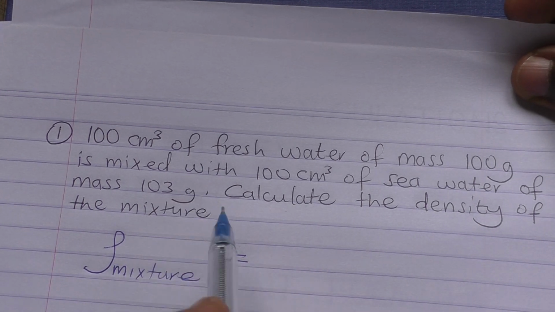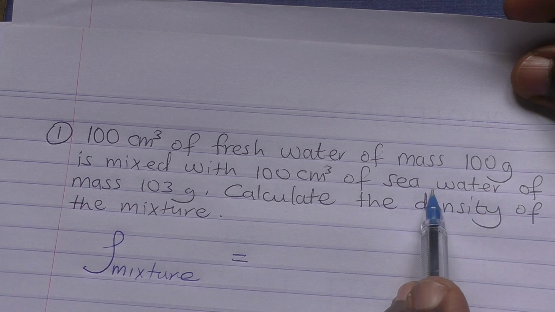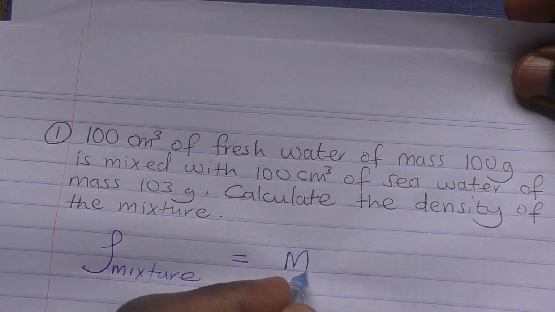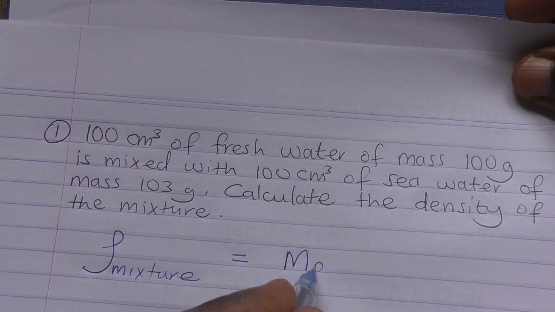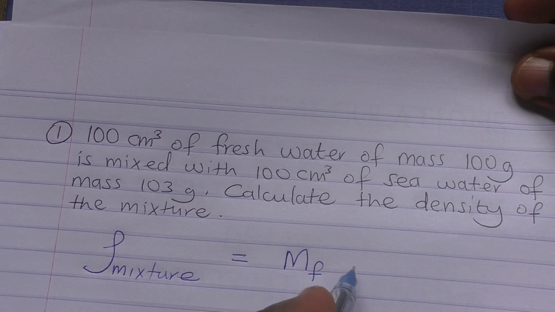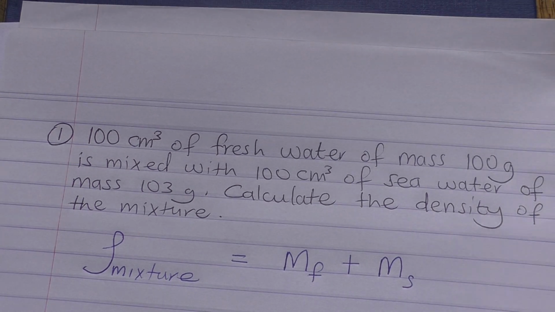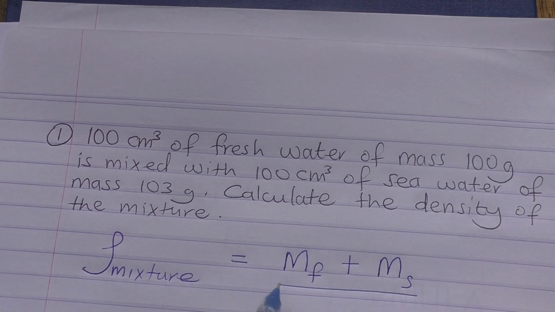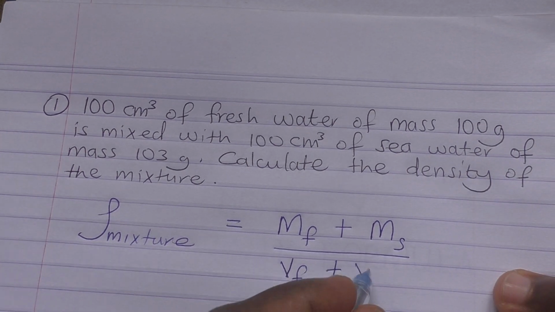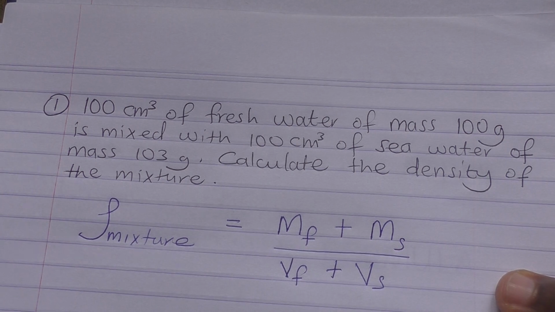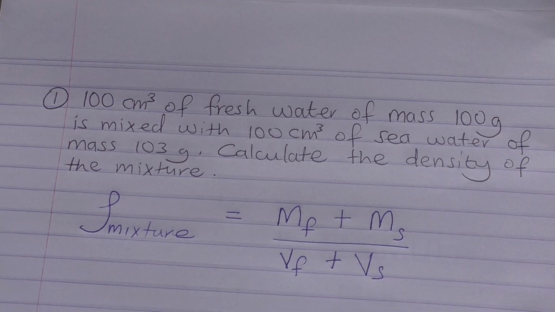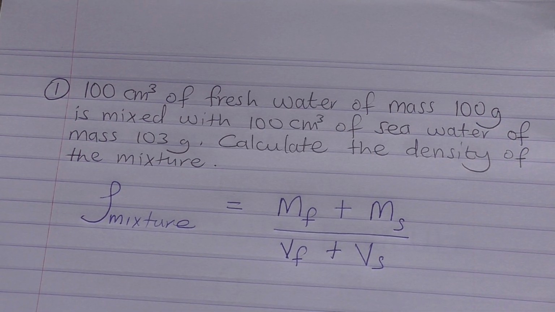Now, since we are using fresh water and seawater, we shall say that this is the mass of fresh water plus the mass of seawater over the volume of fresh water plus the volume of seawater. That is how we shall get the density of the mixture.